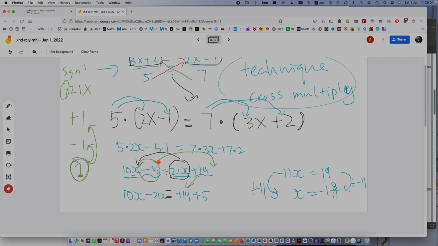When you move over, you change the sign. What's the technique? Move over in group. Yes. The technique is called move over in group.